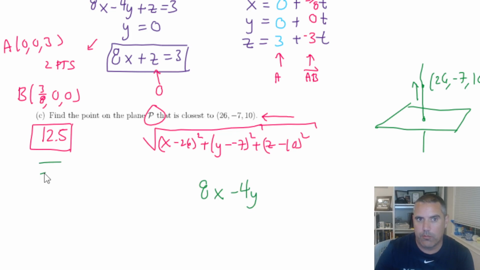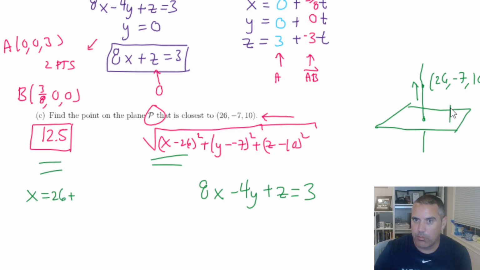So one is to use the formula from 12.5. One is to do a minimum distance. And another one is to find the equation of that line. Now the equation of that line is actually really fast to find because you know the point and you can use the same vector because it points in the same direction as the normal. So you can use this 8 and -7, and z is 10 plus t.